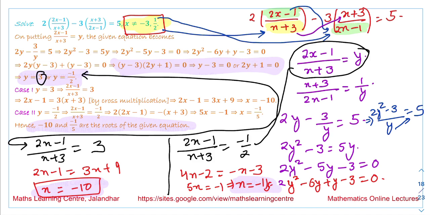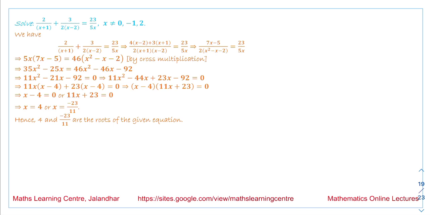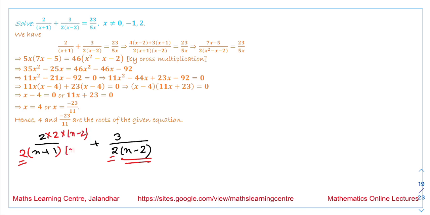Now in this next question, it is 2/(x + 1) + 3/(2(x - 2)) = 23/(5x). So what we are going to do: 2/(x + 1) and 3/(2(x - 2)). We are multiplying and dividing this term with 2. This 2 and this 2 become same. Next, it is x - 2 over here. So we are multiplying this with x - 2, dividing it with x - 2.